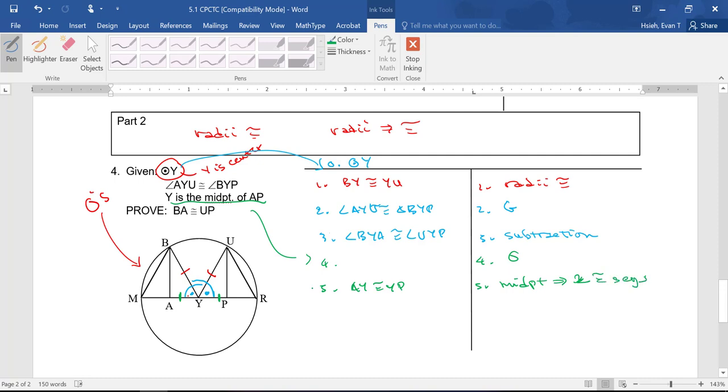And now I can say that the triangles are congruent. Triangle BAY is congruent to triangle UPY by side angle side from steps, what is it, 3, 5, 1.